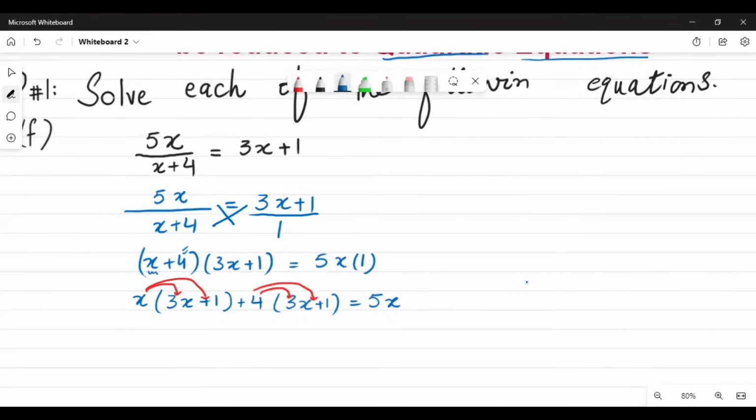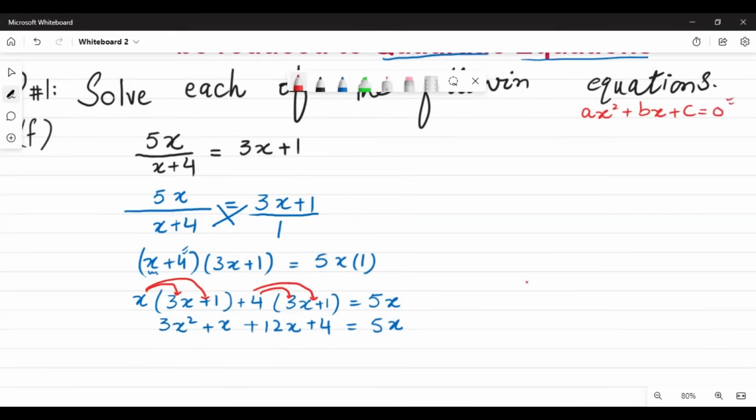So my dear students, when we multiply x with 3x, it is 3x squared. x with 1 is 1 times x. 4 3s are 12x. 4 1s are 4, is equal to 5x. As you know we want to reduce it to the quadratic equation, which is ax squared plus bx plus c is equal to 0.